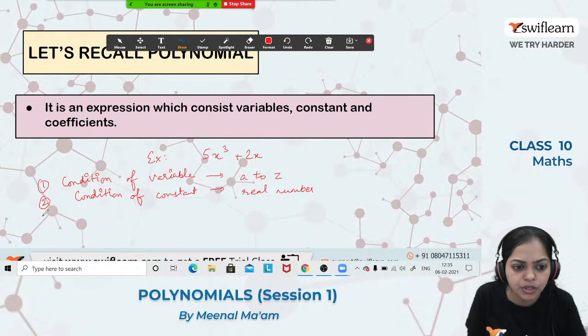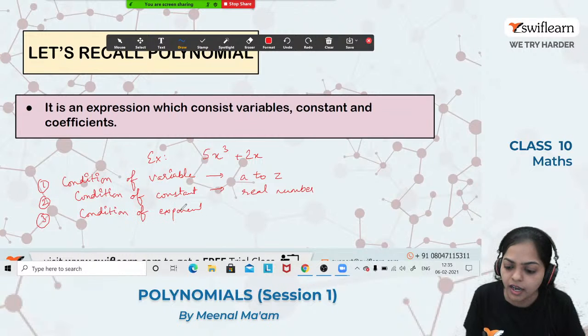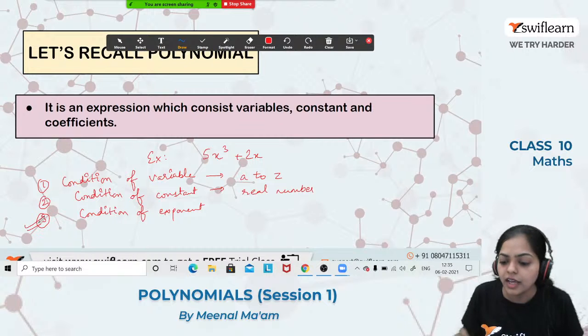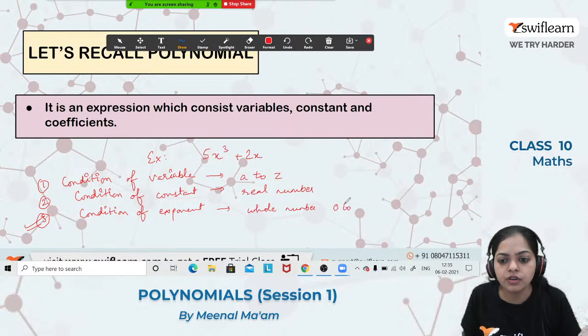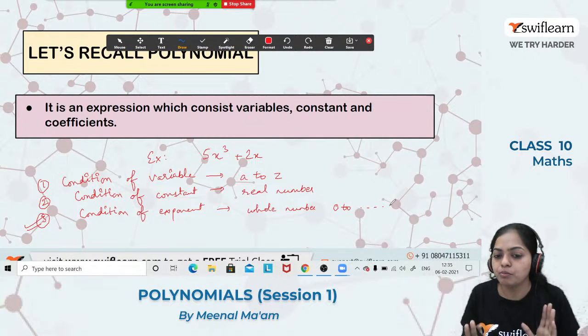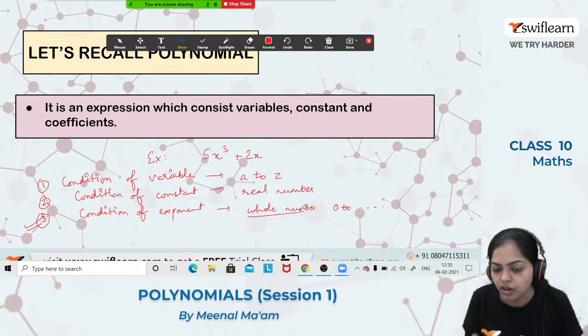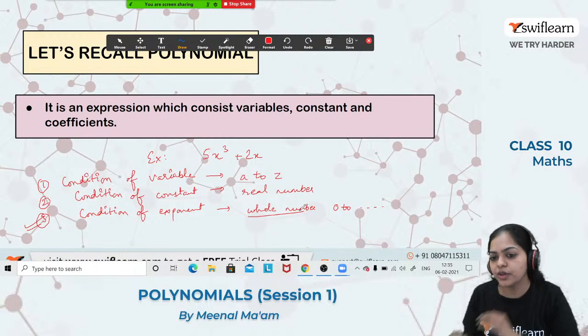But the most important thing is the condition of exponent. You have to keep this in mind, that there is a condition on the exponent. You have to take a positive whole number. The exponent varies from 0, you can take any number, but it will be a whole number: 0, 1, 2, 3 up to infinite.